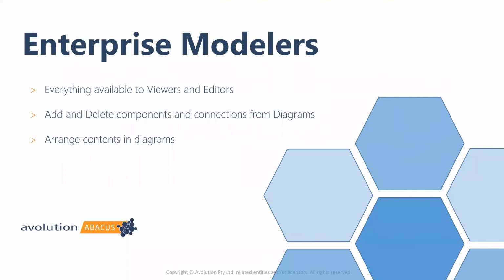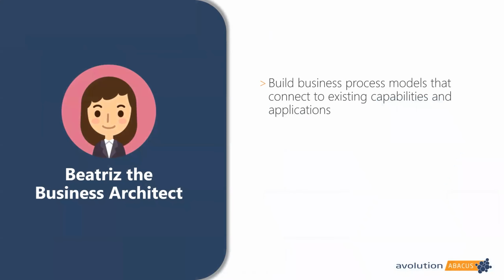Then we're going to look at who we can set up as an enterprise modeler. Now, enterprise modelers are able to do everything that enterprise viewers and enterprise editors can do, but they can also add and delete components and connections from diagrams and arrange content in diagrams. And so we're going to set up Beatrice as an enterprise modeler.